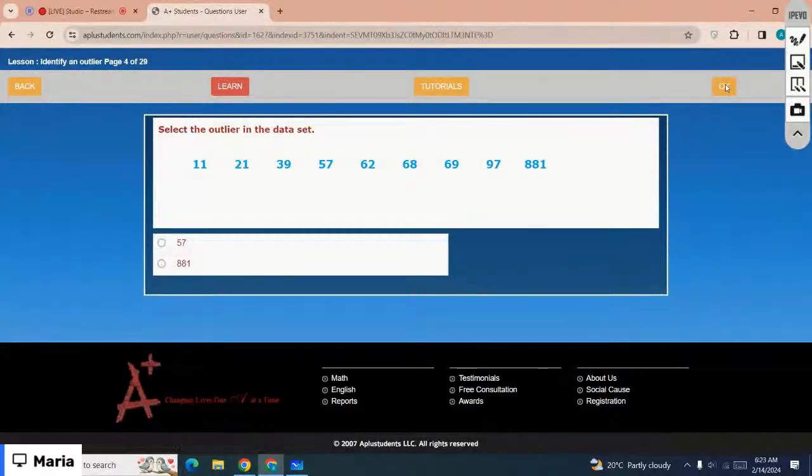Select the outlier in the data set. So which is the correct option? The correct option is 881, right?